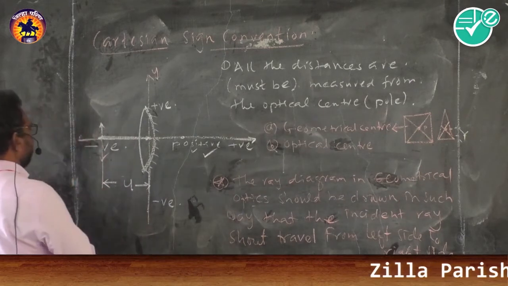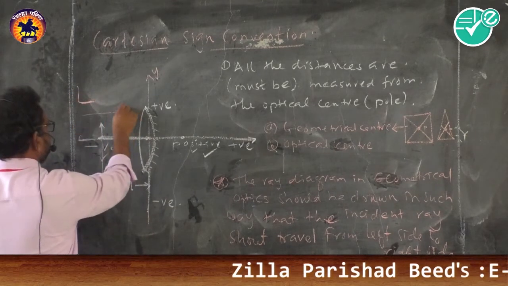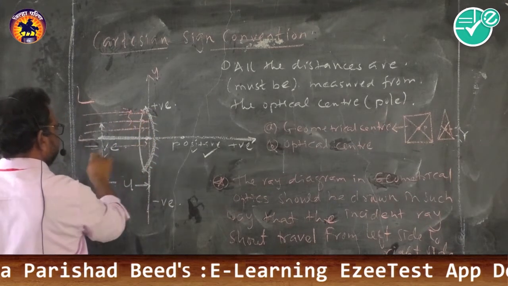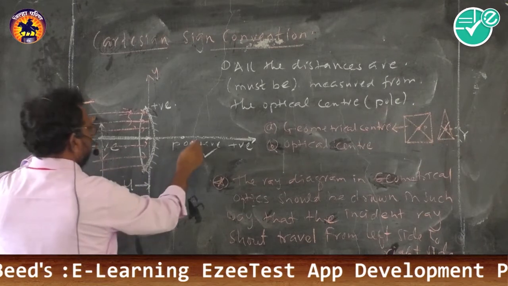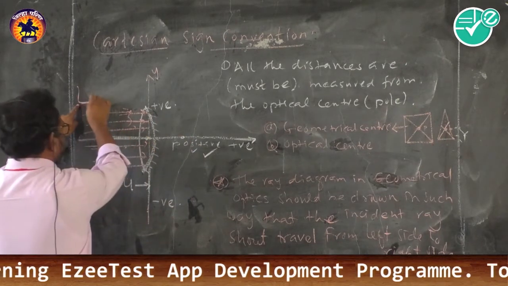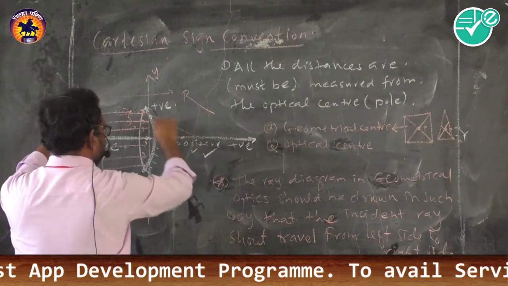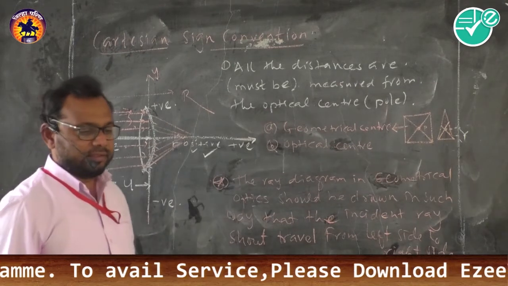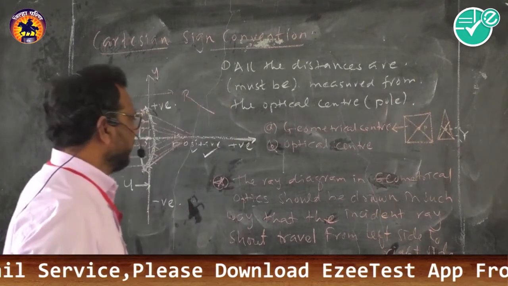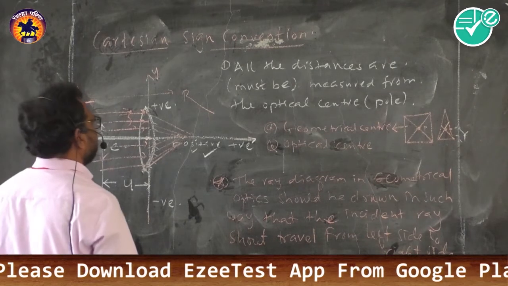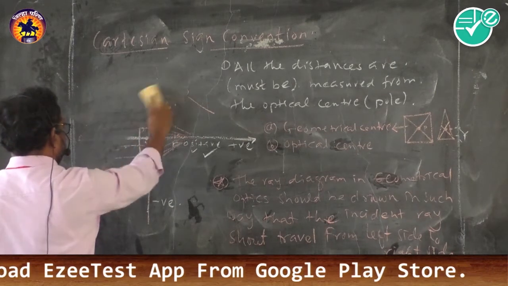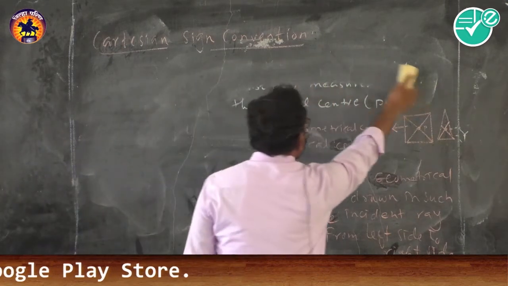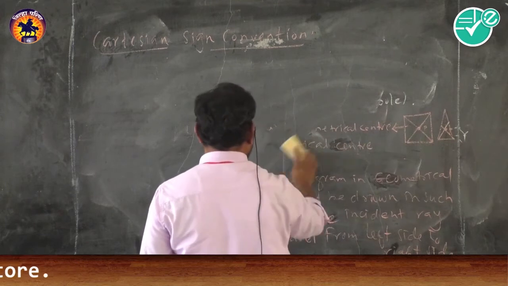Always the incident ray should come from the left side, like this incident ray, and it travels from left to right. So these are some sign conventions we have to remember while drawing the optical figures in geometrical optics.